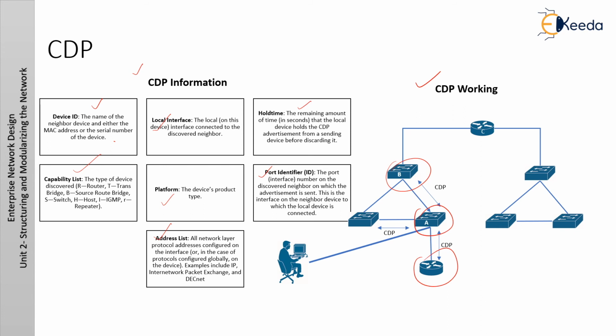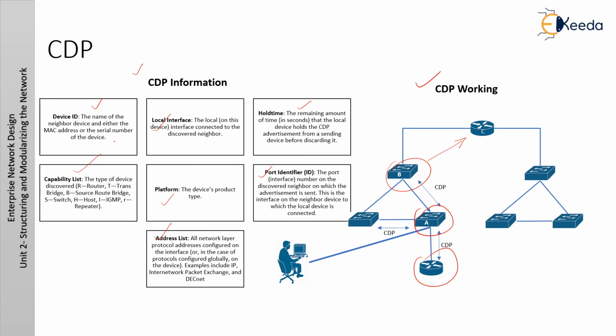Other devices are not visible via CDP. So for this example, the person would have to log into switch B to see router C with CDP. So here this fellow has to log in from B if he wants to see this.